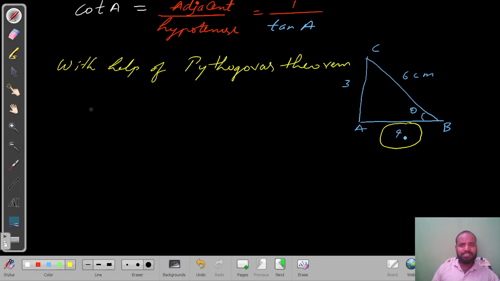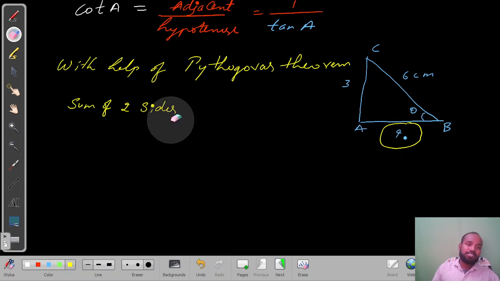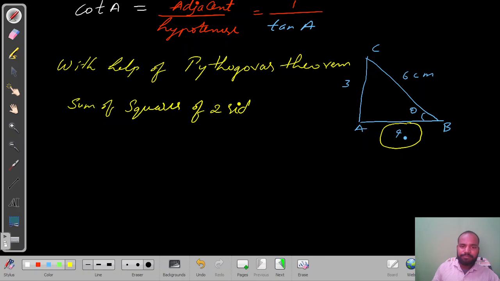What is Pythagoras theorem actually? Pythagoras theorem is nothing but the sum of the squares of the two sides equals the square of the hypotenuse.